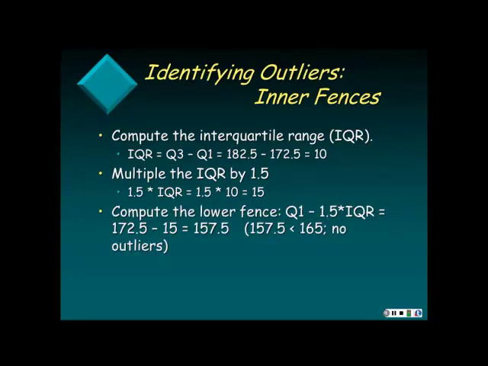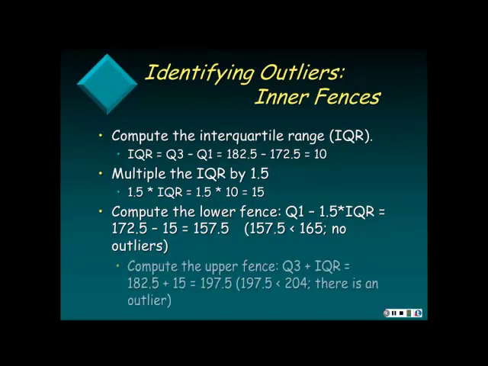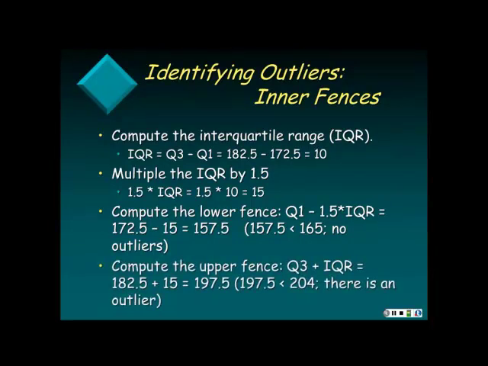So Q1 minus 1.5 IQRs, or 172.5 minus 15, 157.5. Since our lowest value is 165 and that's not lower than 157.5, there are no outliers on the lower side. By contrast, on the upper side, we'll get 182.5 plus 15. That's the 1.5 IQRs.